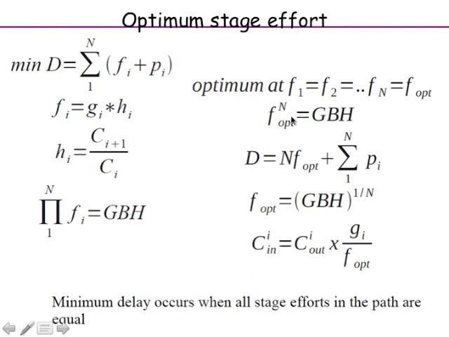Then we know that no matter what number of stages I use, from the previous calculation all stages should have the equal effort f opt. That much we know. So for any given n, the optimum happens when f1 equals f2 equals fn equals f opt, with of course f opt to the power of n equal to the total effort GBH.